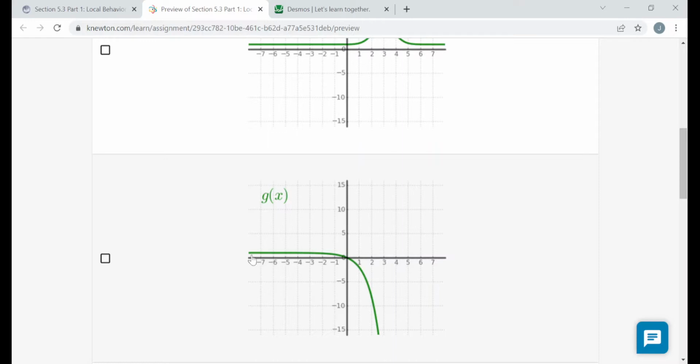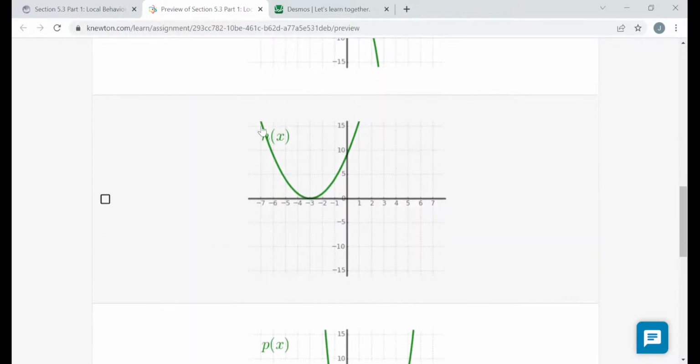Now, it may be going up forever very, very slowly, but based on first glance, it doesn't look like it's the graph of a polynomial function because it doesn't look like it's approaching positive infinity on the left end here. It's approaching some horizontal line, some finite value. So again, based on that end behavior, I would say that this is not a polynomial function.